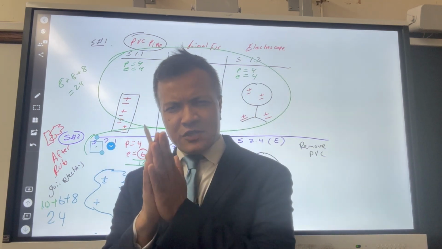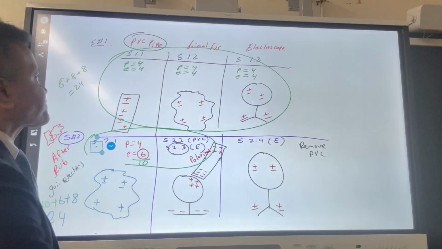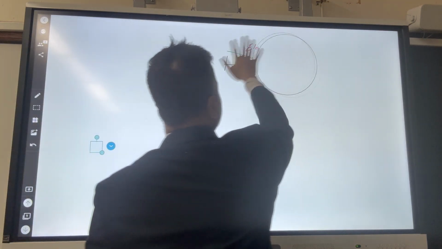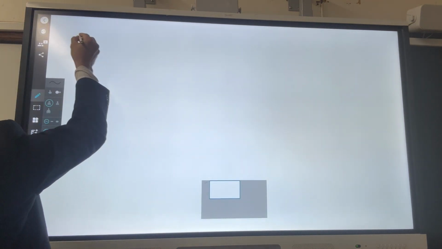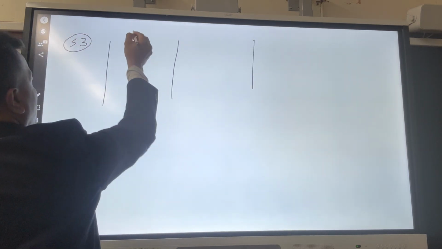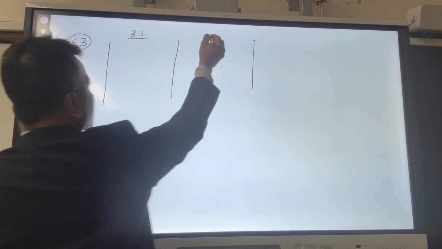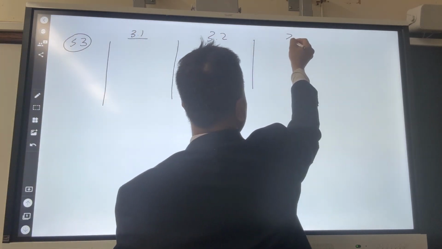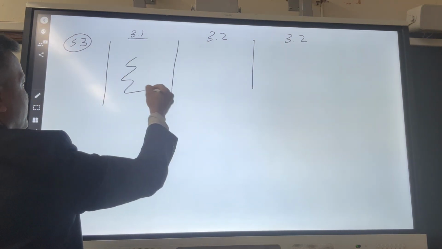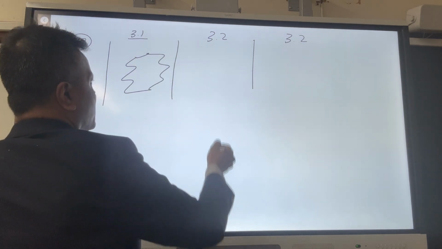Now we're going to get to see charge by conduction. Again, we're going to have 2 scenarios, scenario 3 and scenario 4, and we're going to divide them in 7 sections. Scenario 3, we're going to divide in 1, 2, and 3 section. We're going to call 3.1, 3.2, 3.3. 3.1, I'm going to have animal fur. 3.2, I'm going to have PVC pipe.